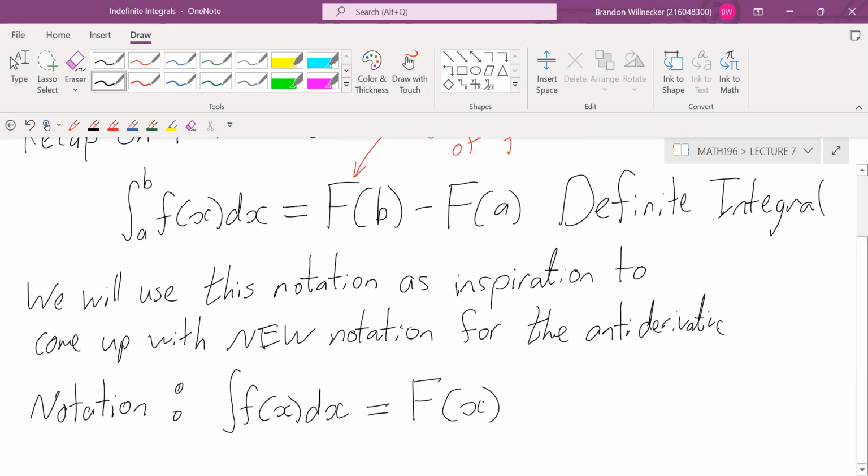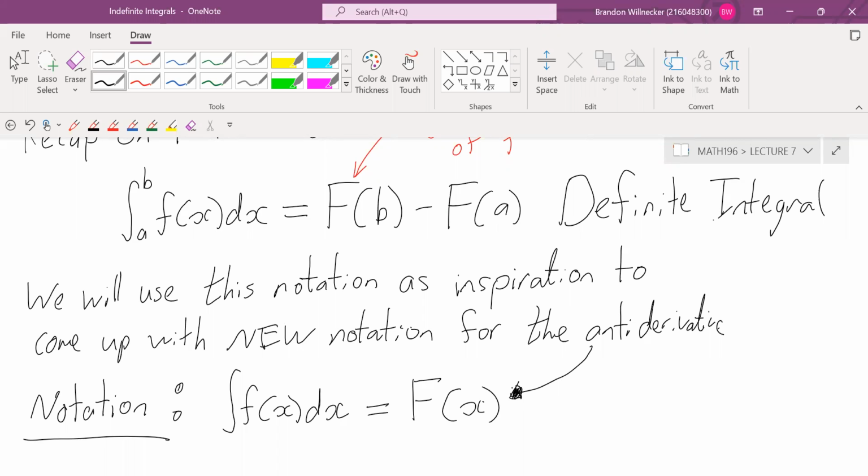Now this new notation, very similar. We write the integral, but no bounds, because we're not evaluating any areas. We're just finding the antiderivative. So we have the integral f of x dx is equal to, and then the antiderivative as we know it from before. So that's just the antiderivative. There's nothing new here. It's just a different way of writing the antiderivative.